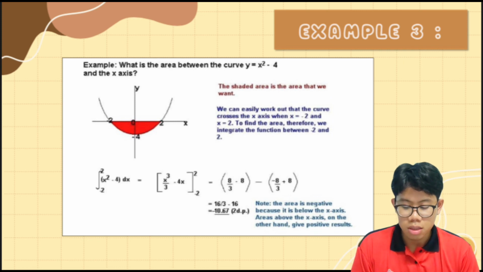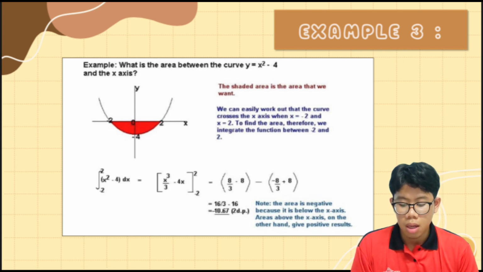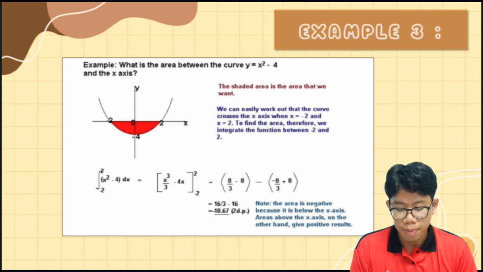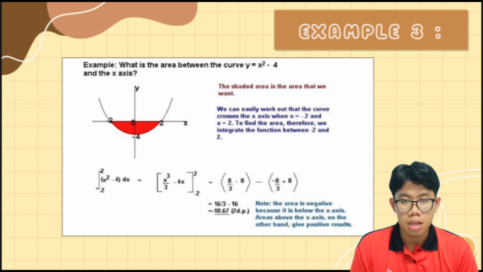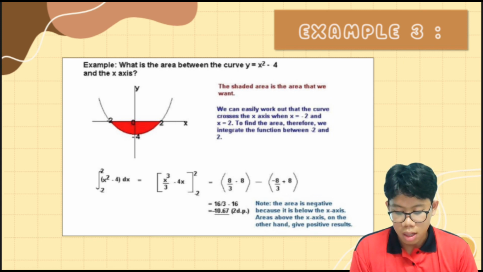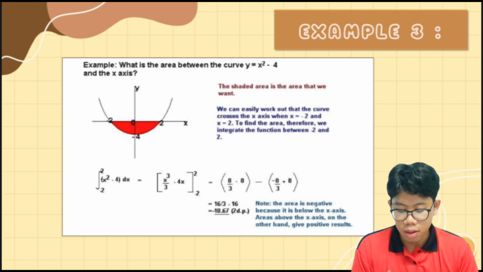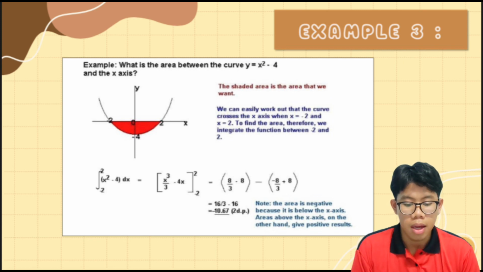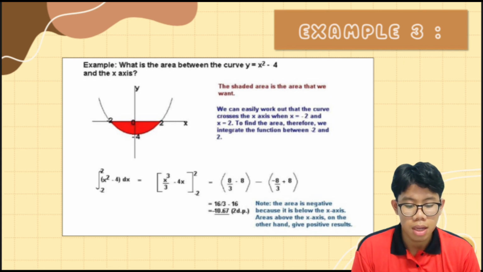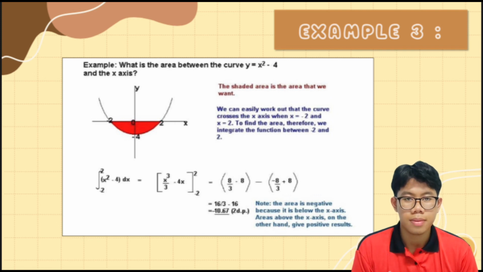We calculate 2 to the power of 3 over 3 minus 4 times 2, minus (-2) to the power of 3 over 3 minus 4 times negative 2, and we will get the value negative 10.67 units. The area is negative because it is below the x-axis. On the other hand, above the x-axis gives a positive result.